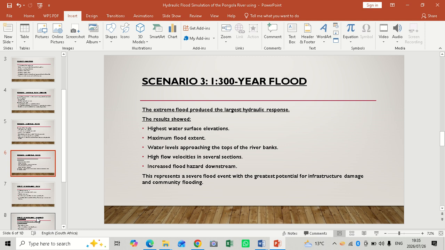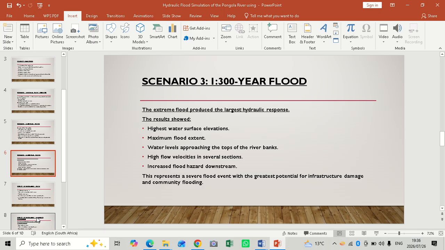The third simulation represented an extreme flood event with a very low probability of occurring in any year. This scenario produced the highest water levels, the greatest flood extent, and the highest flow velocities.